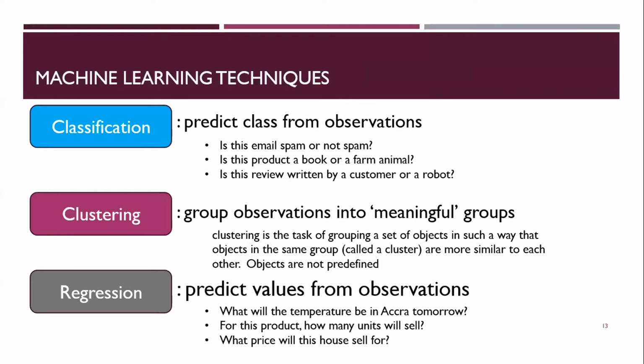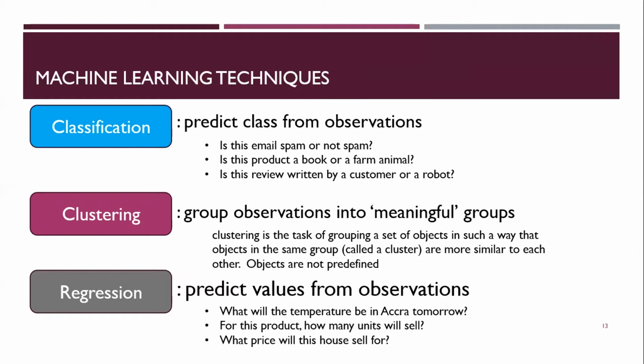And the regression technique is used to predict a value. That's usually a number, probably based on the features. An example is predicting the age of someone.